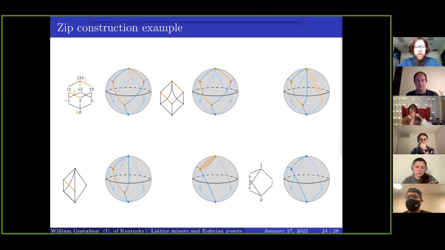In that minor, we've identified the minimal element with a generator, so we need to zip it as well. And when we zip that 2-gon, we get the complex on the bottom right. And that complex has face poset, the minor poset of this generator enriched lattice next to it.